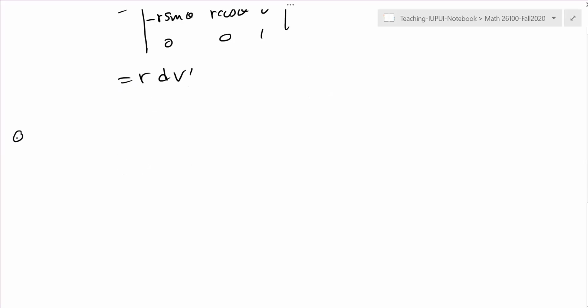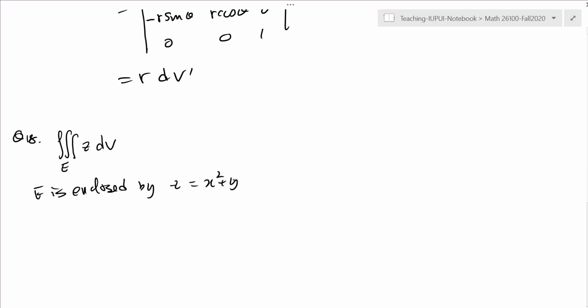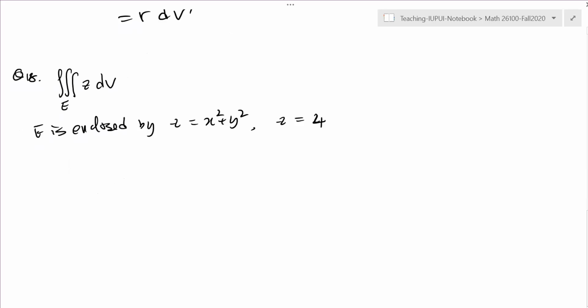Here's the first example, number 18. The triple integral is over the solid bounded by z equals xy plus y squared and z equals 4. So this is not a cylinder, the solid is a portion of the cylinder. First, let's draw z equals xy plus y squared.